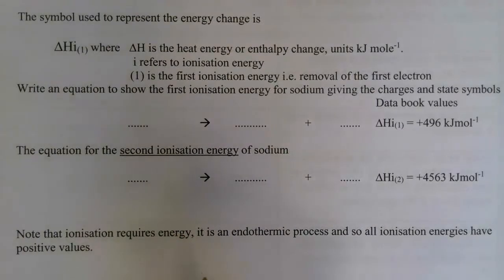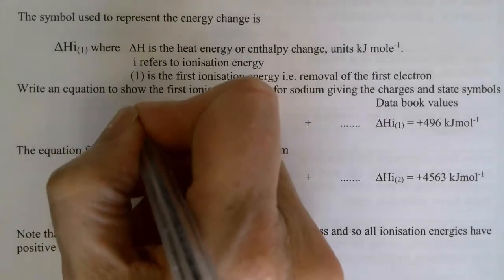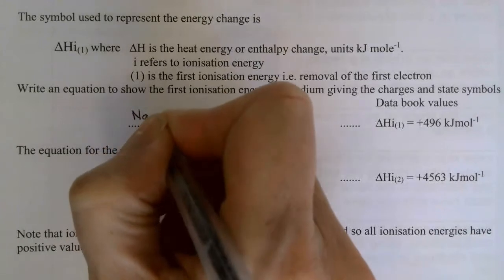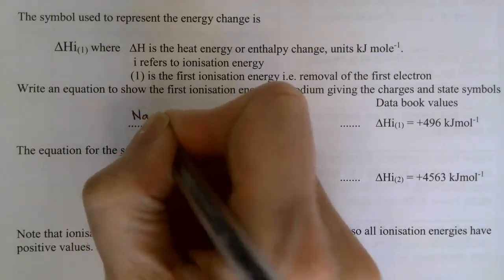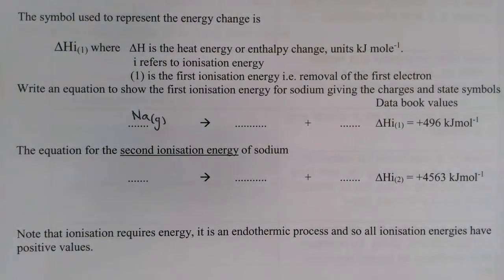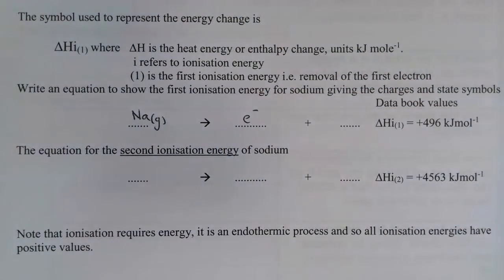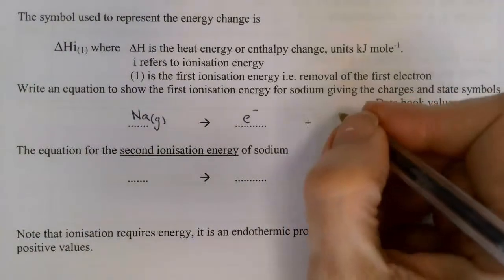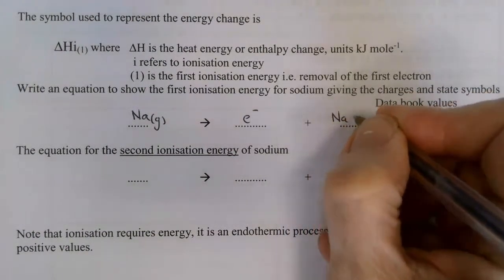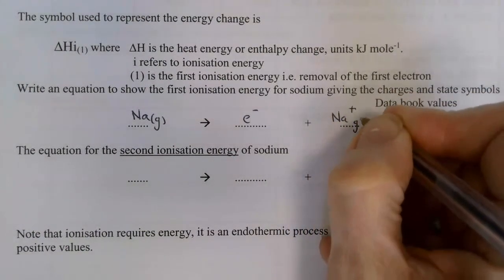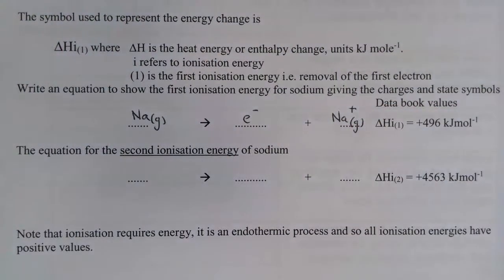For example, the first ionization energy of sodium: we're going to take gaseous sodium, remember, so we do need the state symbols on there, g, and we're going to remove an electron. That electron has now come loose, and we're left with a sodium 1 plus ion, and it is still gaseous.